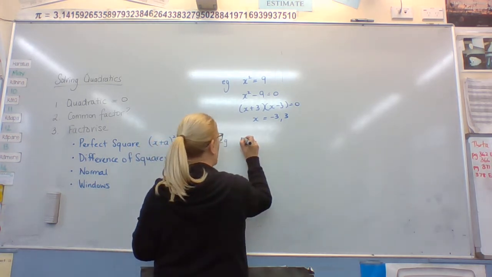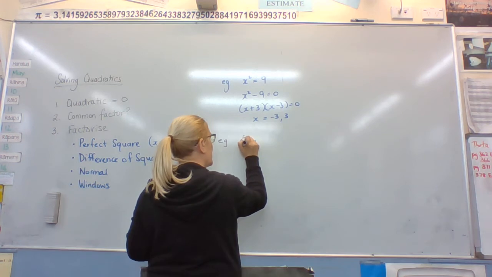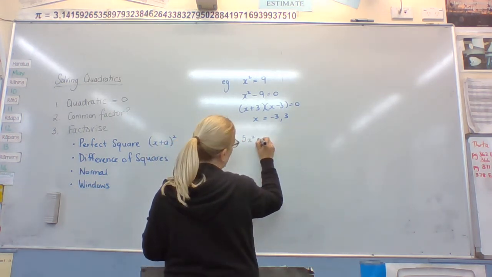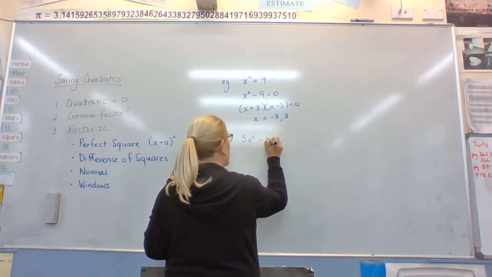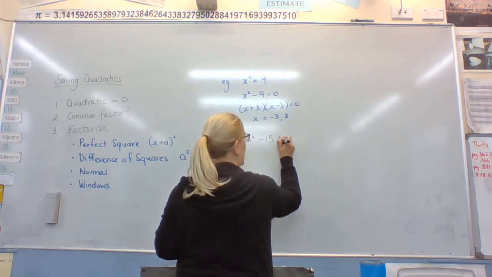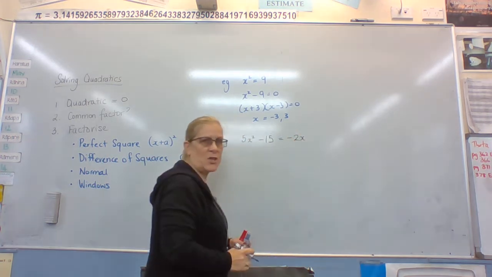What if we have 5x squared minus 15 equals negative 2x. Hopefully this one's going to work.